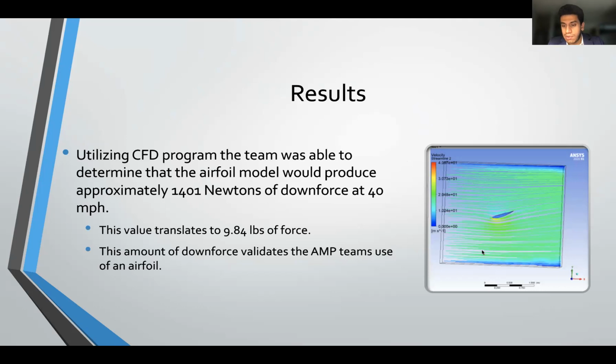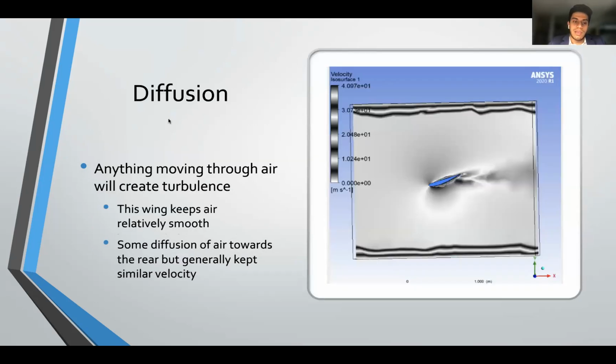You can see by the picture here the air velocities, the air particles moving along, and you can see the change in direction as it hits our airfoil. And these are the velocities. In diffusion, anything moving through air will create turbulence, so this wing keeps air relatively smooth.